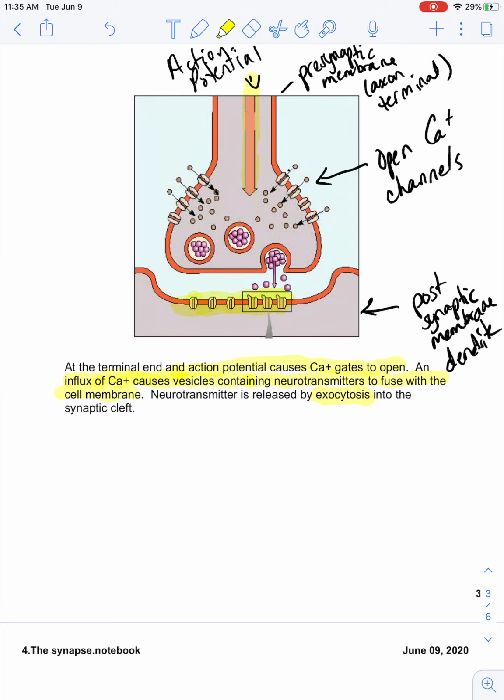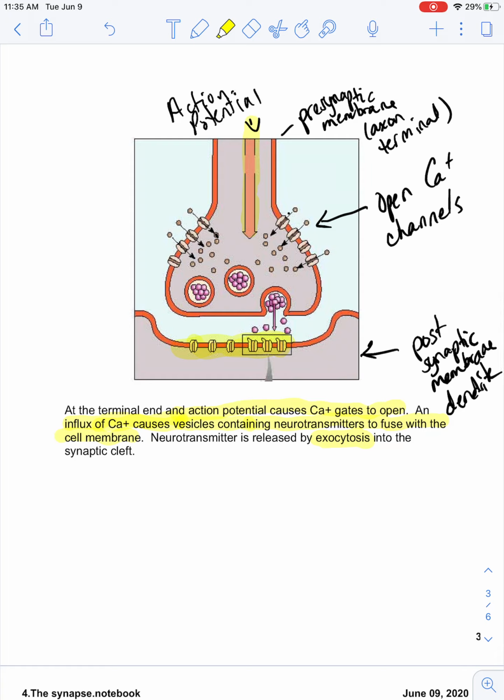But another way to ensure you synapse is you want to make lots of vesicles that contain neurotransmitter, right? The more vesicles containing neurotransmitter, the more likely you are to have enough neurotransmitter to open the sodium channels and move down that pathway. So how do you ensure you do that?